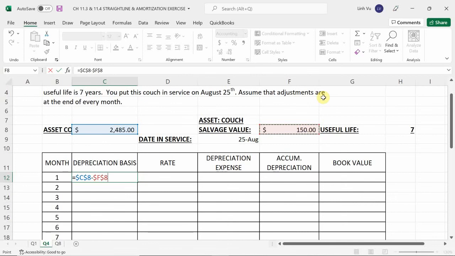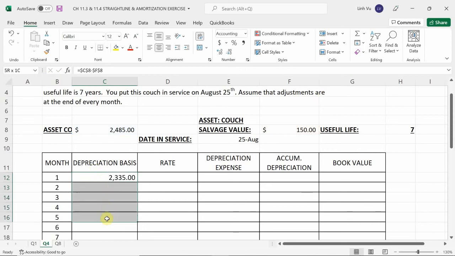So 2,485 minus 150. I got 2,335.00. Good.